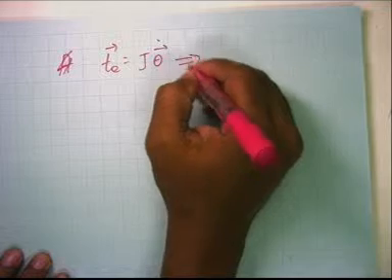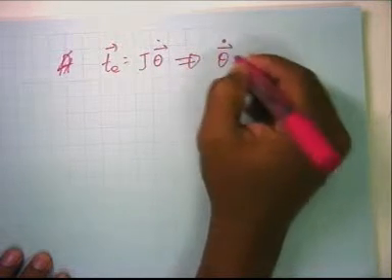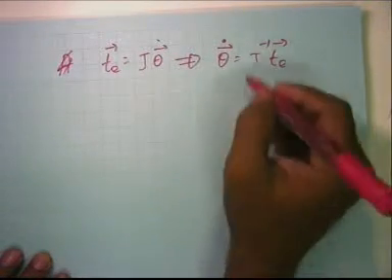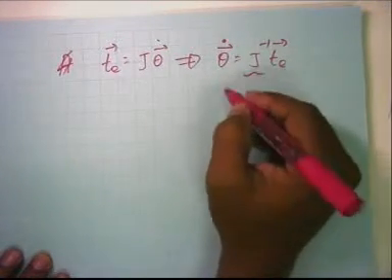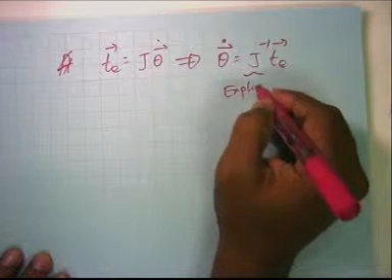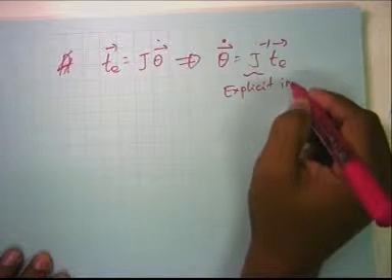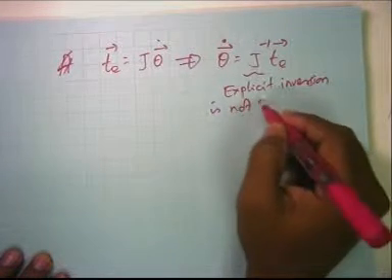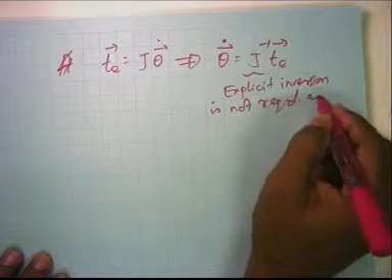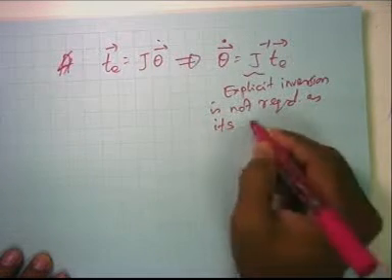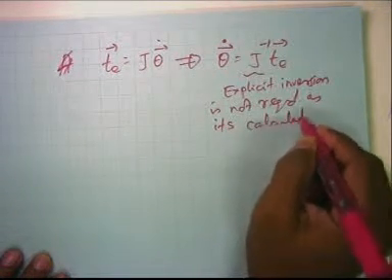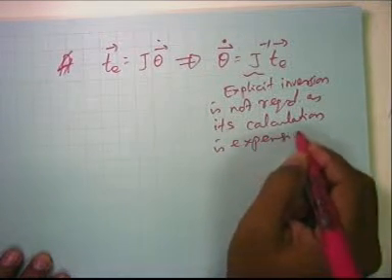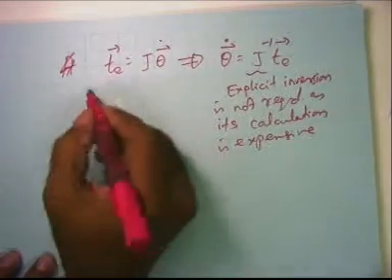If you want to calculate theta dot is J inverse T E, what was told just now is that explicit inversion is not required as its calculation is expensive. So, how do you do it? We do it in the following manner.